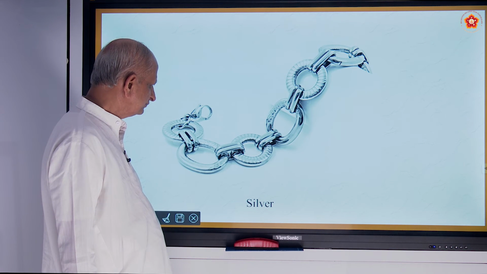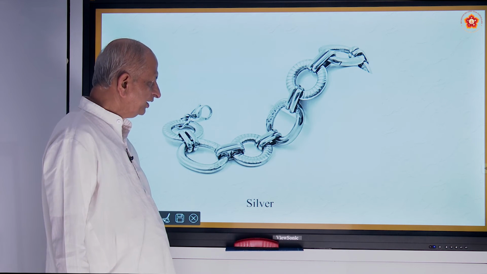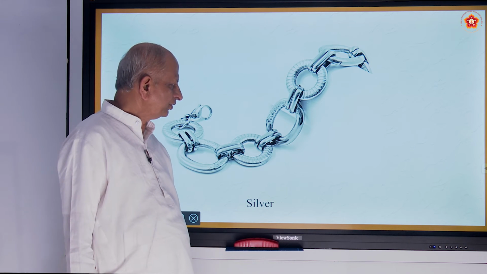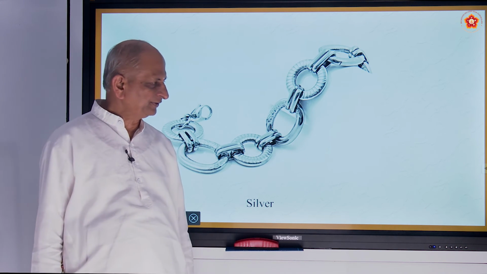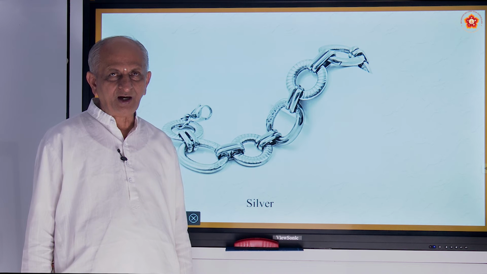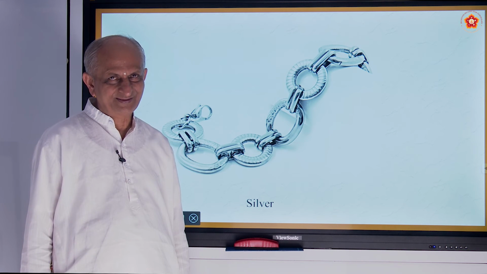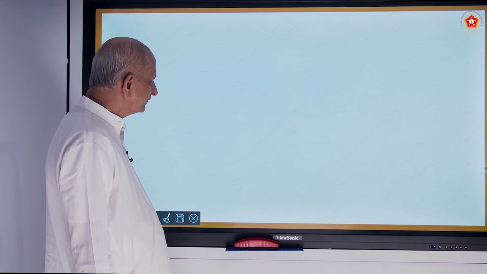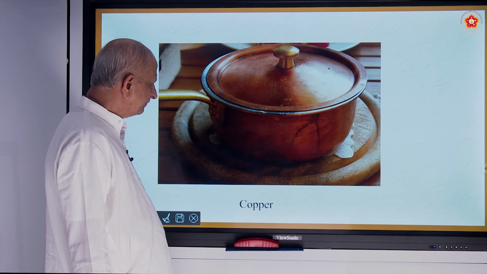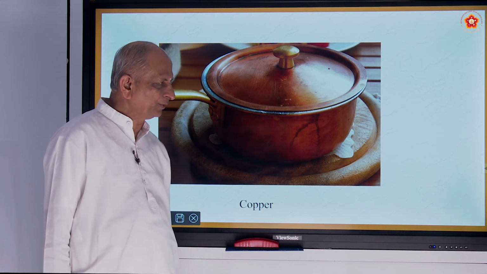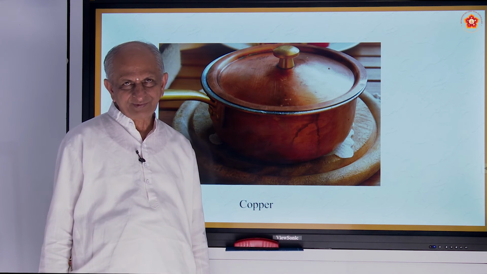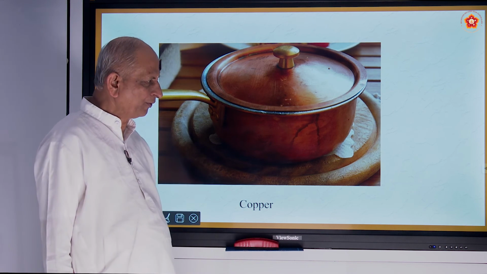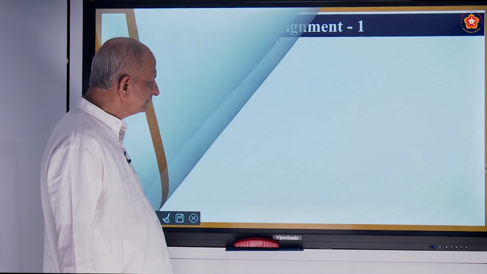This is silver. It's also one of the costliest metals. So silver chains, silver ornaments, especially silver idols, silver plates are available, is it not? And this is nothing but copper, a brownish metal, used for many of the vessels in your home, correct?